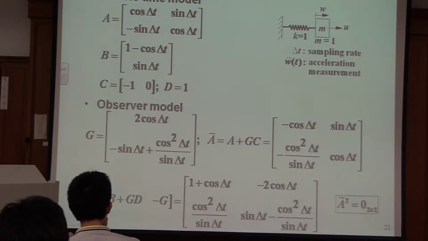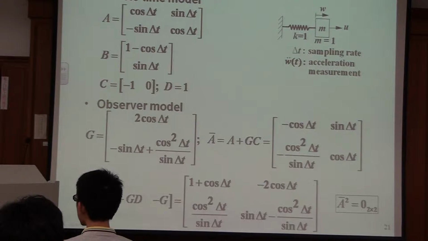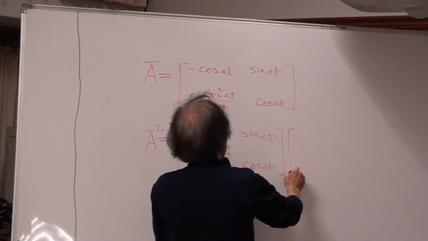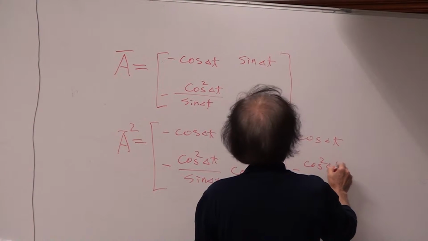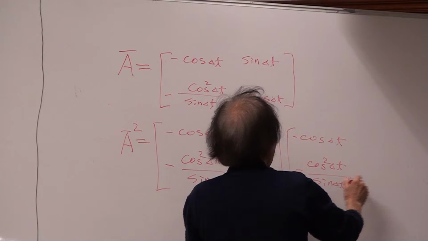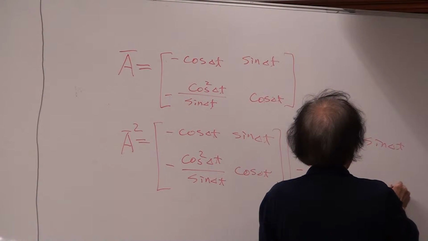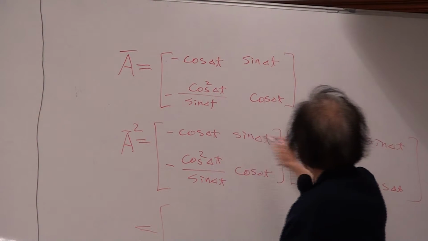Alright. Then if you have A bar square, now if you look at this, then cosine delta t, sine delta t, minus cosine square delta t over sine delta t, cosine delta t. So you can multiply them together: cosine delta t minus cosine square delta t, sine delta t, and then sine delta t, cosine delta t. Now, if you look at this, it will be 0.